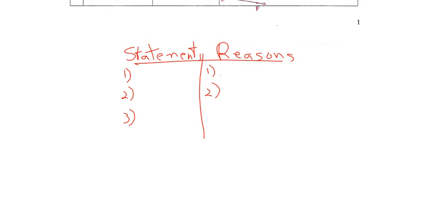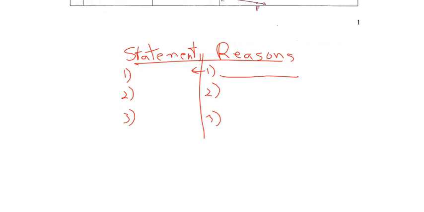And for every statement that you write, you must have a reason, which is what we have been calling justifications until this point. That's the reason why we have been justifying, because we have been preparing to write proofs.